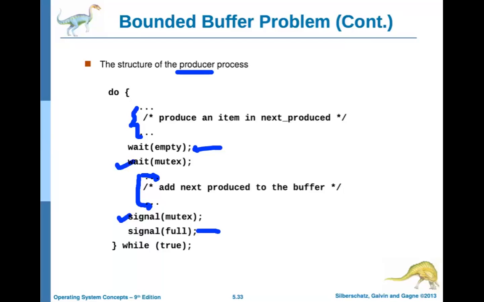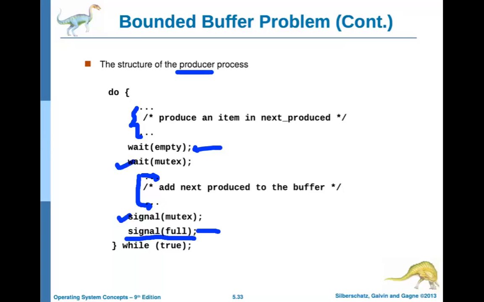And this is somewhat interesting. Why are we writing signal full? Try to understand, signal full doesn't mean the buffer is full, right? Signal means because I have produced one element, I occupied one space of the buffer.